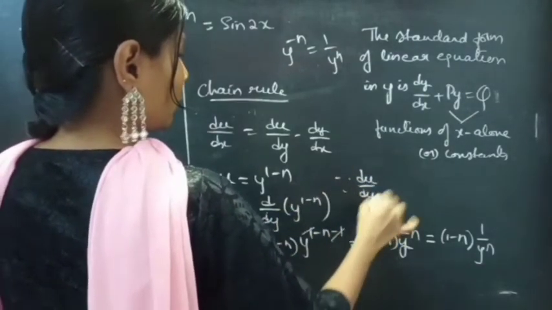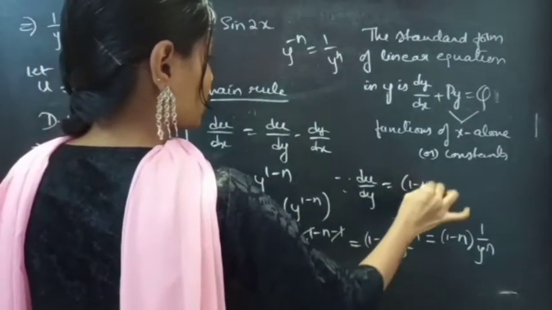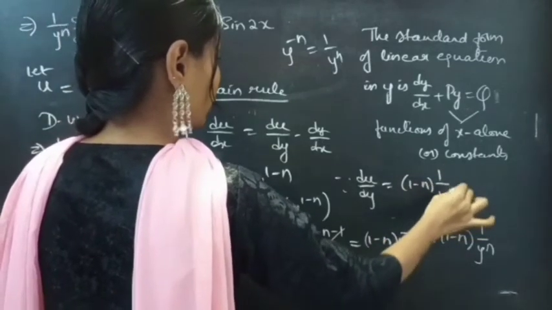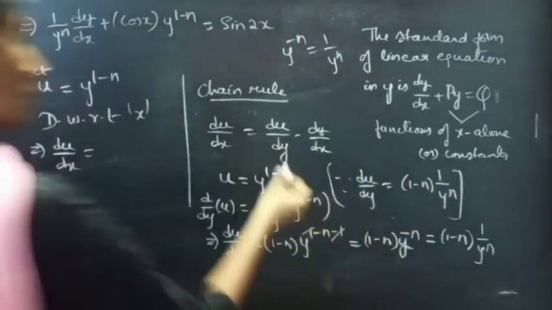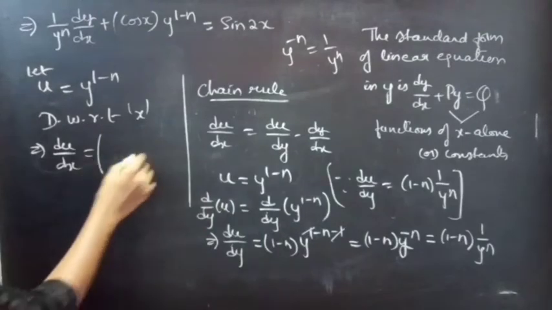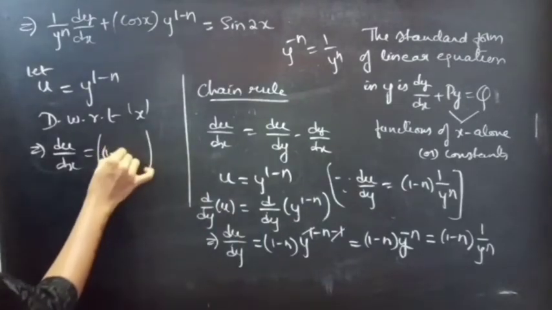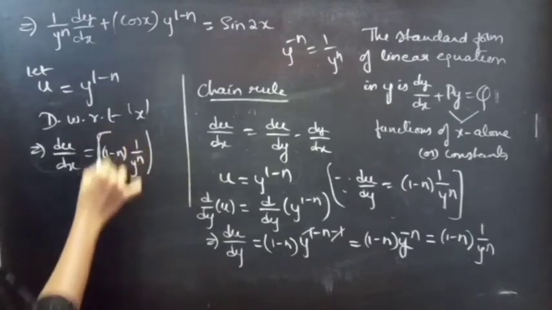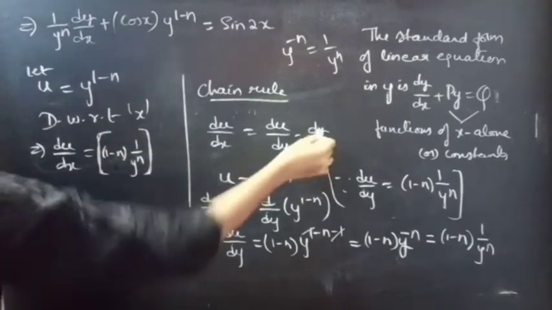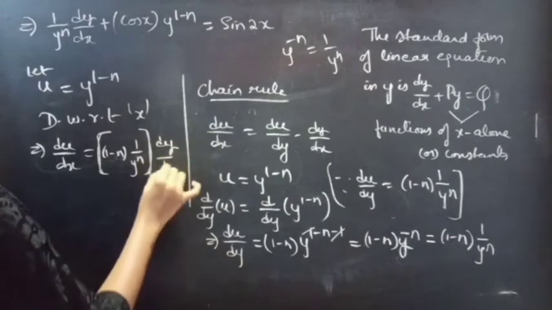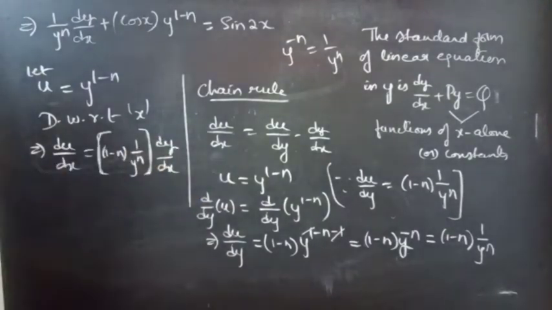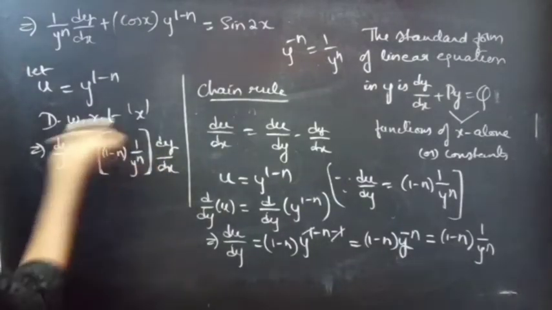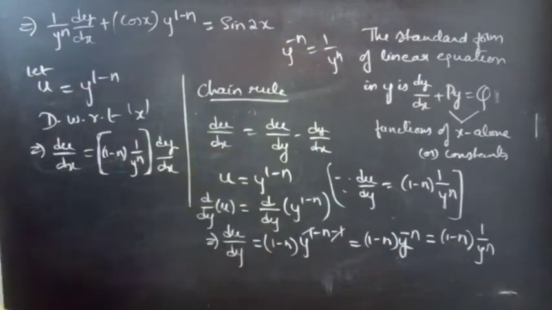Now replace du by dy, the derivative of u by the derivative of y, which equals 1 minus n into 1 by y power n. Now we can replace the derivative of u with respect to y here. You'll get 1 minus n into 1 by y power n into dy by dx. In books and in general, we'll be writing this directly instead of doing this process.